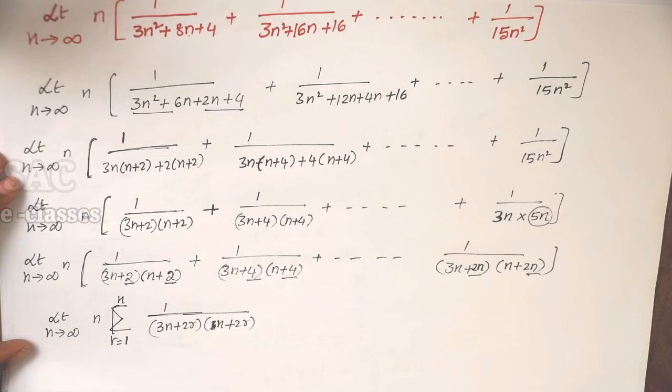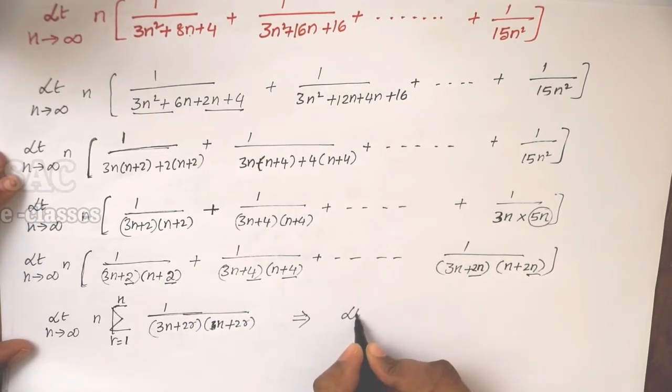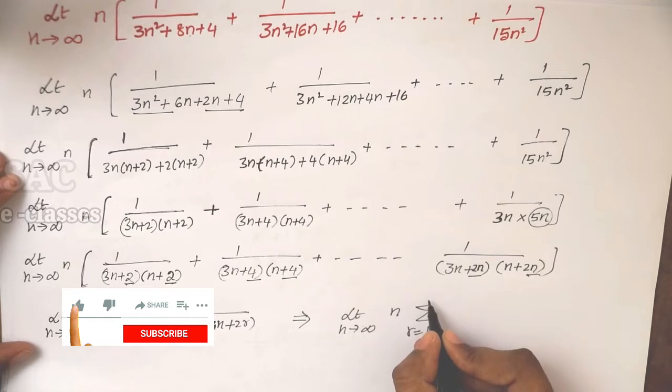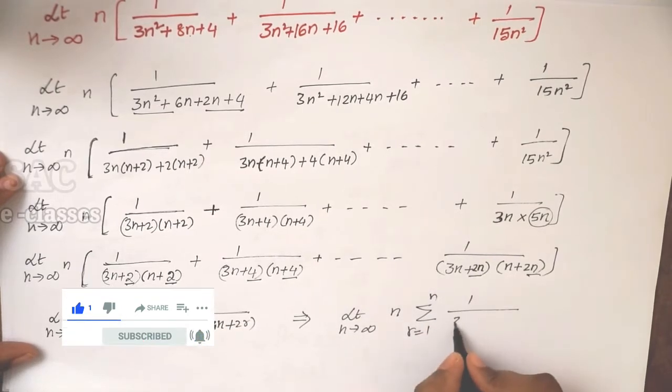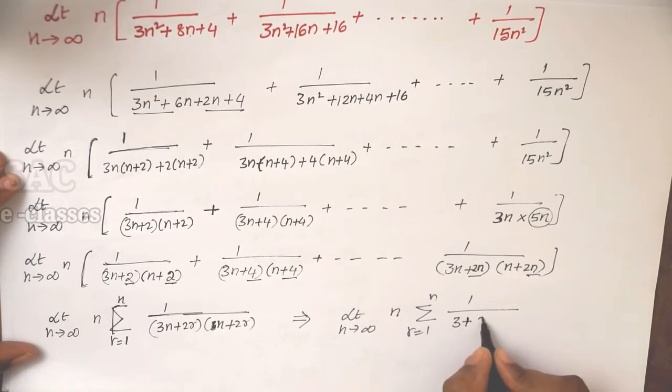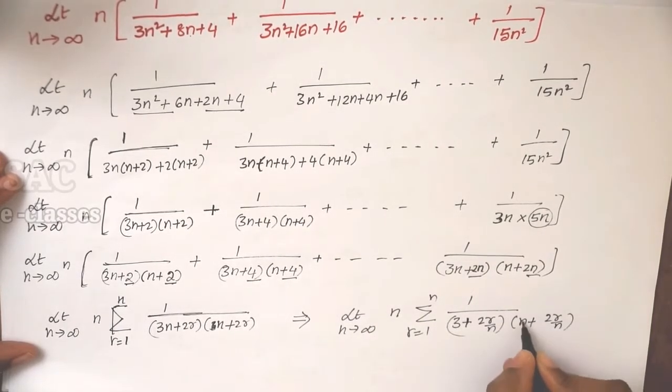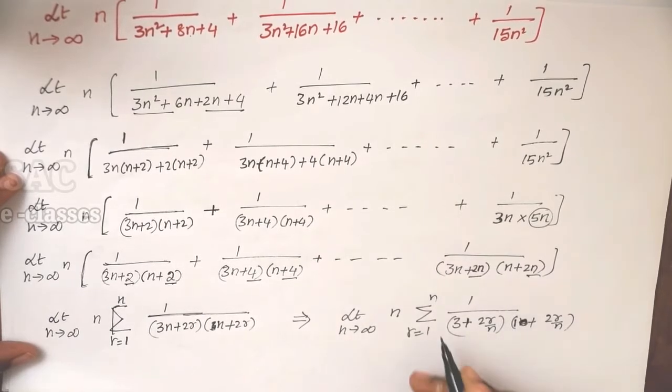Now what can we do here? Let us take out limit n tends to infinity, n into sigma r equal to 1 to n, 1 by 3 plus 2r by n into n plus 2r by n. That means n will be converted into 1.